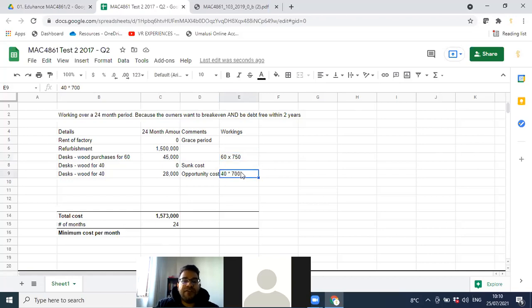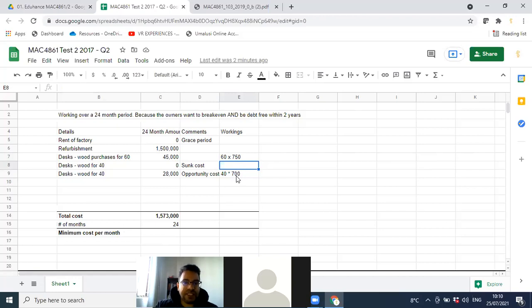But because he's rather going to forego the sale. Why? Because if he forgoes the sale, he's not going to need to buy. The sale is only giving 700 rand, yet it's going to cost him 750. So therefore, he'd rather forego the sale in order to not pay for additional wood. So remember, you must work out the minimum cost. You must have a look at which option is cheaper: to take the sale and buy new wood, or forego the sale to not buy new wood.